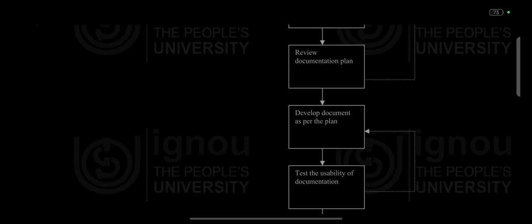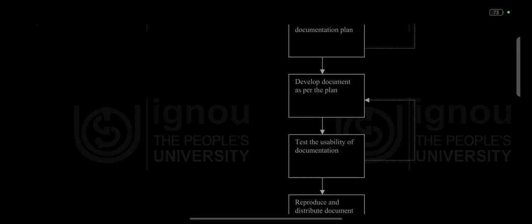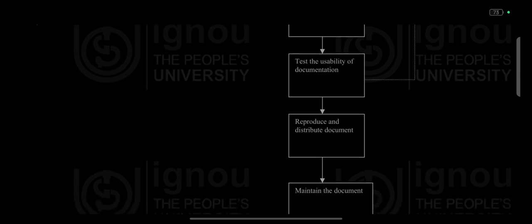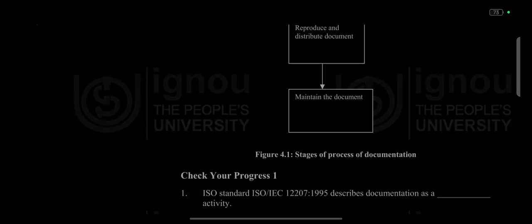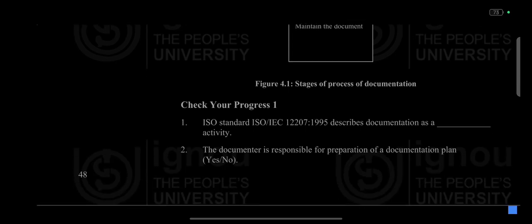Then comes develop a document as per the plan, test the usability of the documentation, and then you can go back if there's a problem. Then after testing the usability of documentation, reproduce and distribute the document. Maintain the document. Stages of process documentation.